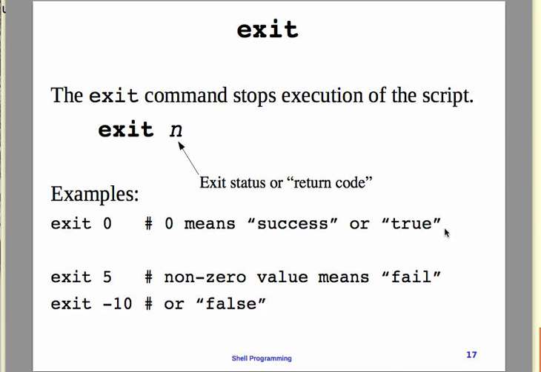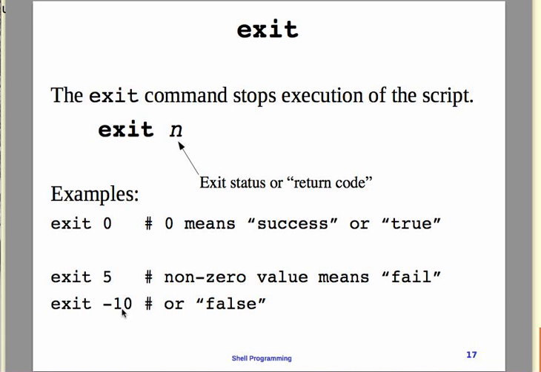It's also indicated to mean true, and we'll see that this is a little bit of a problem because in other situations 0 is considered false, so it's a little awkward to deal with. But for exit, 0 almost always means true, or that the program worked. Anything non-zero, positive or negative, means fail, or something went wrong, or false.